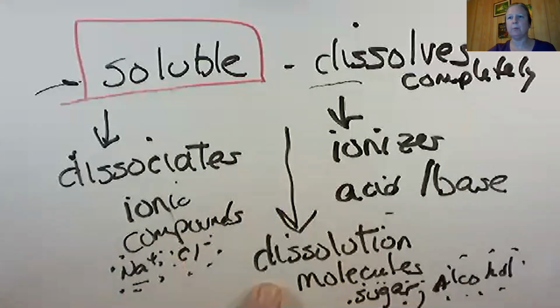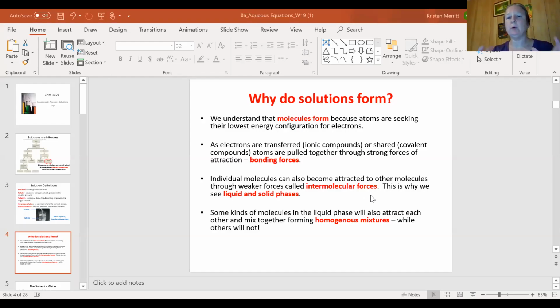It just dissolves, but nothing else. So the individual molecule is surrounded by water. So back to the slides. And it's these intermolecular forces between water and the ion or the molecule that creates this. And an acid-base is actually a chemical reaction.